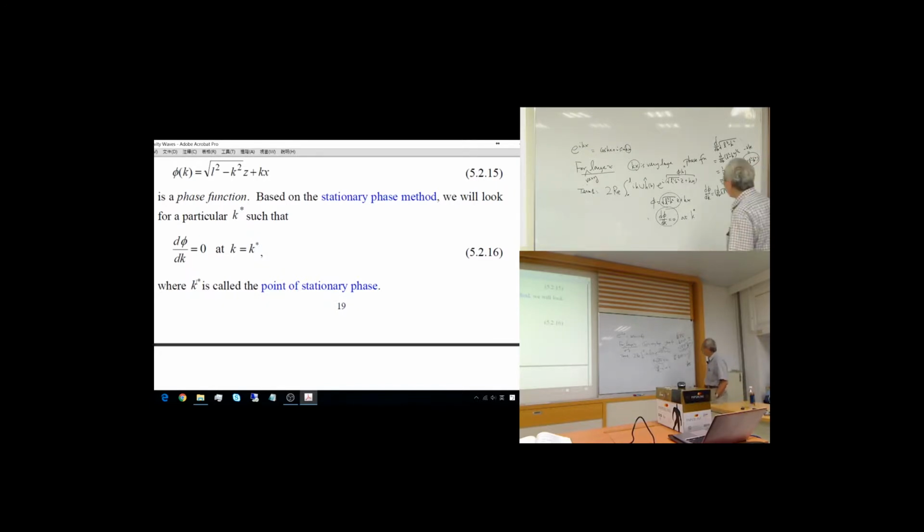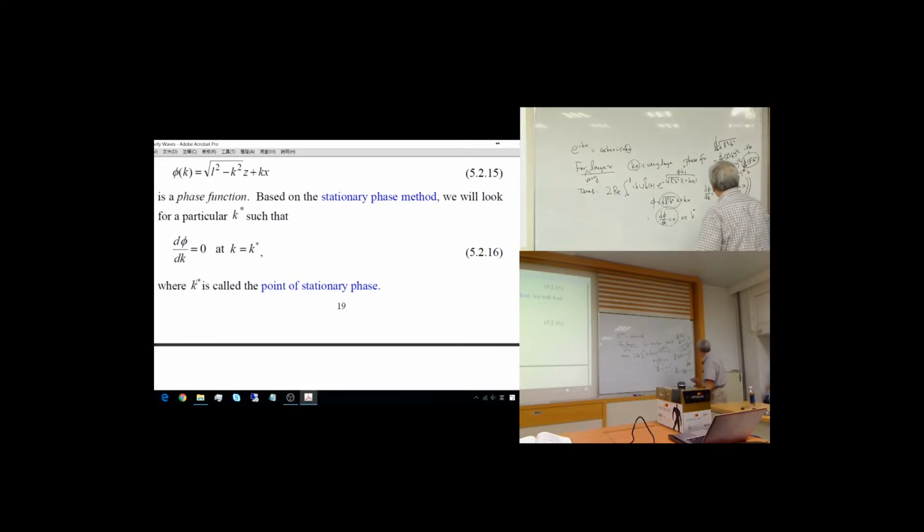So that means the derivative of phi equals negative k over square root of L square minus k square times g, plus x, equals 0. We want it to equal 0 because at that point you don't have the strong oscillation.